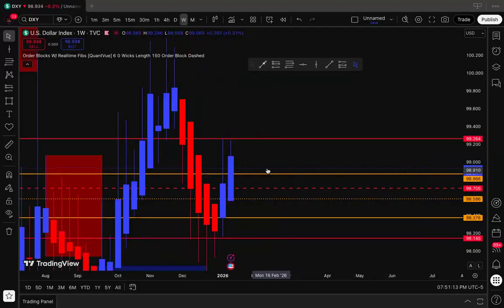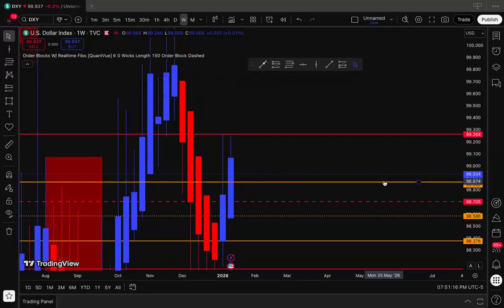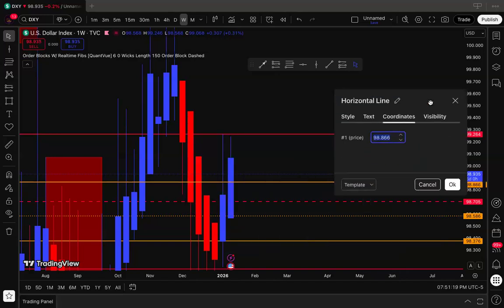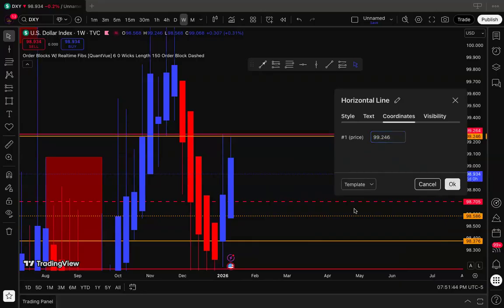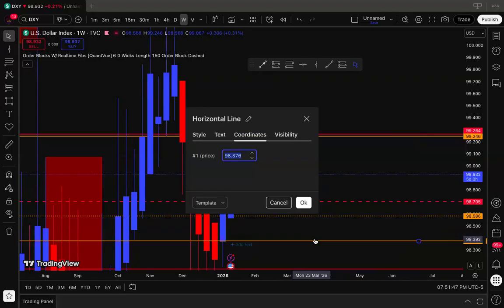For the weekly, DXY high for the week is 99.246. And we got the weekly low at 98.568.